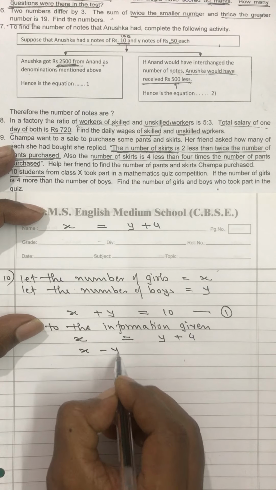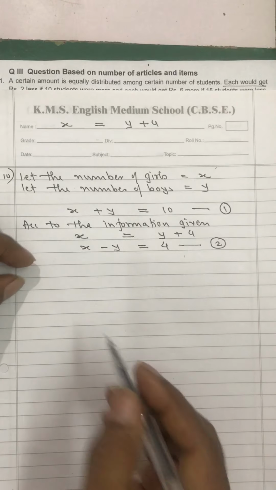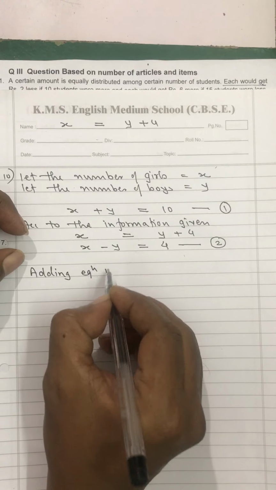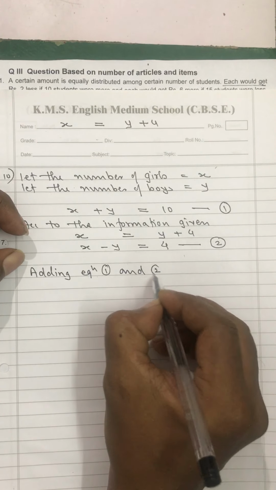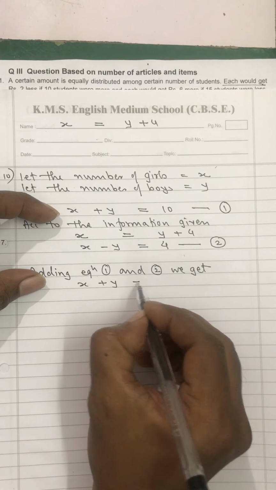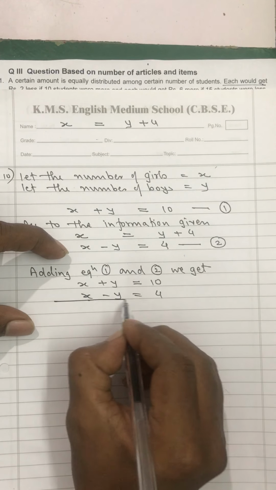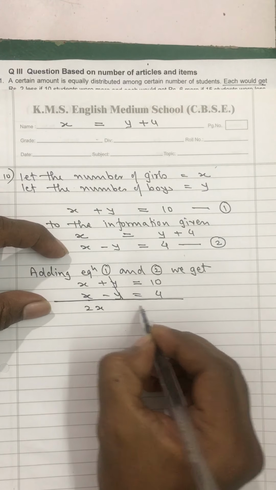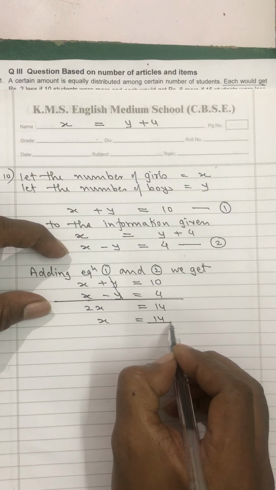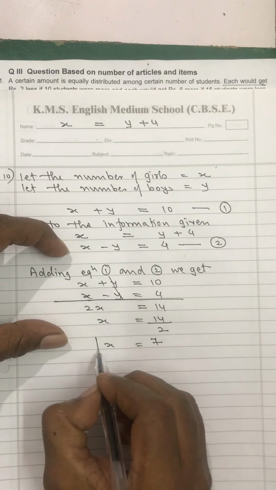So you get x minus y is equal to 4. So they are already ready for adding. Adding, x is equal to 7.